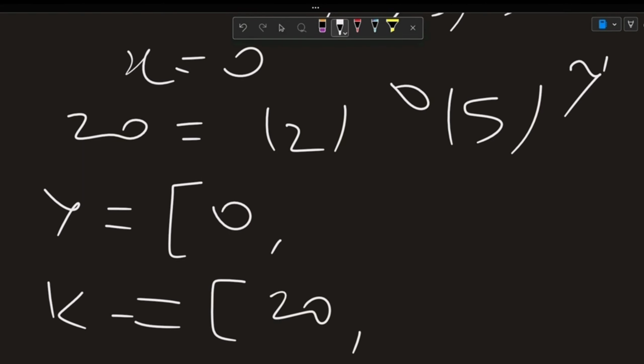If the value of y is 1, then 20 divided by 5 comes out to be 4. Now if y is equal to 2, it will give 25, and I know 20 is less than 25, so I will break from here. So the possible values were these only.